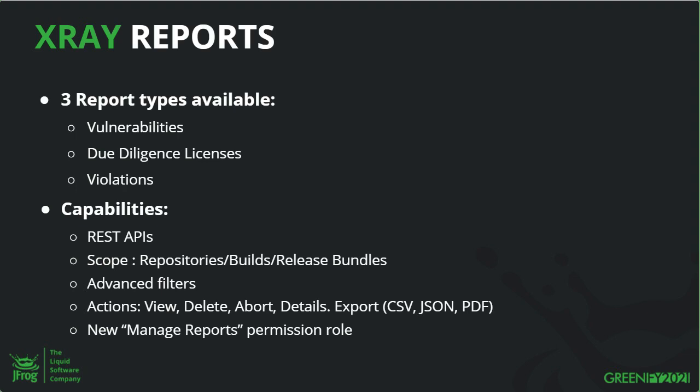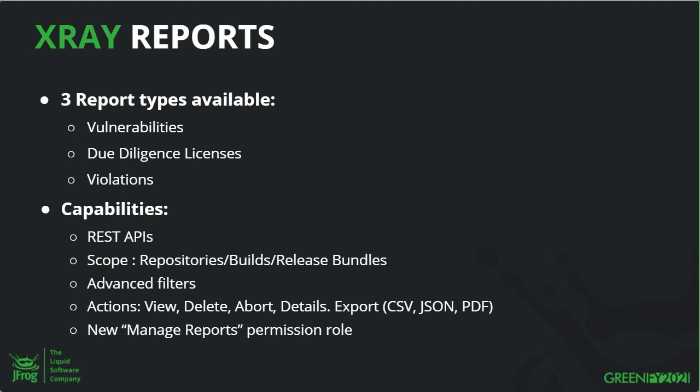So now with the new reports, you can create your own scope, which can contain either several repositories, several repo paths, or several builds or release bundles if you're using our JFrog distribution.